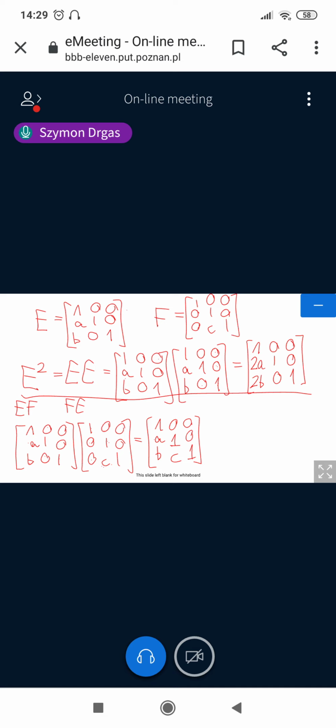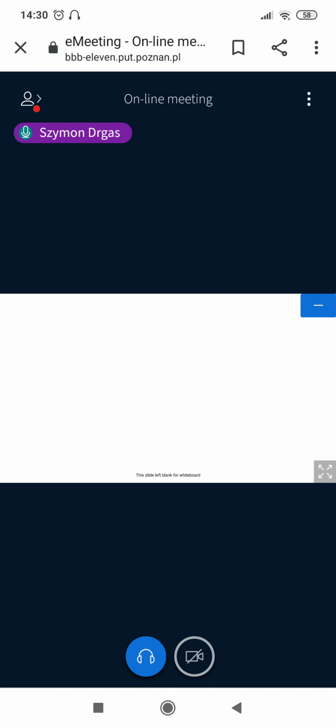But if we try to do the second product, so if we change order, so instead of calculating EF, we will calculate FE. So now I would like to compute the product FE. So it's 1, 0, 0, 0, 1, 0, 0, C, 1.